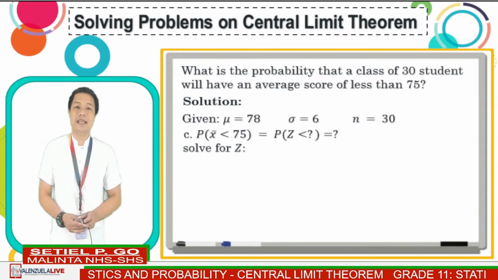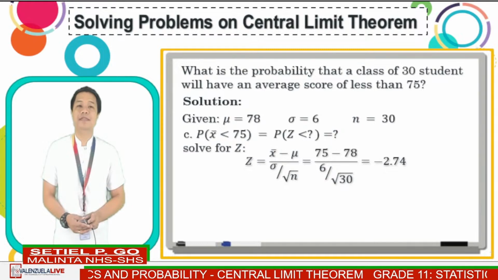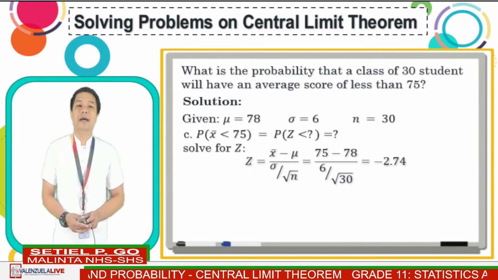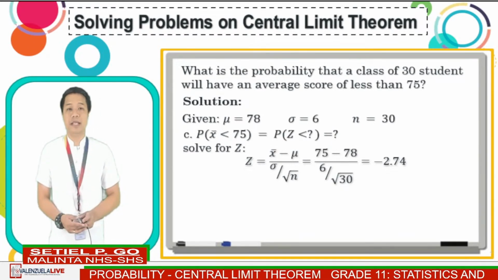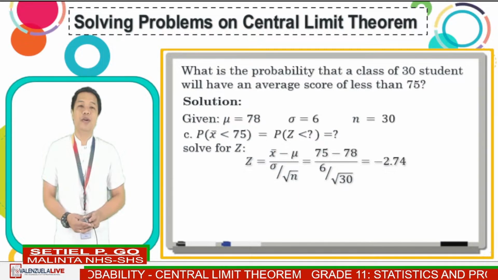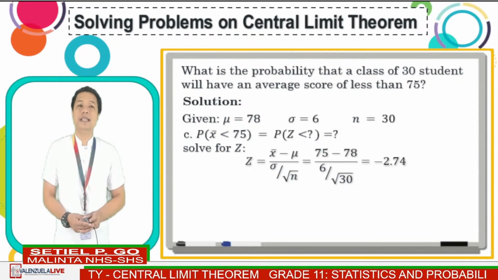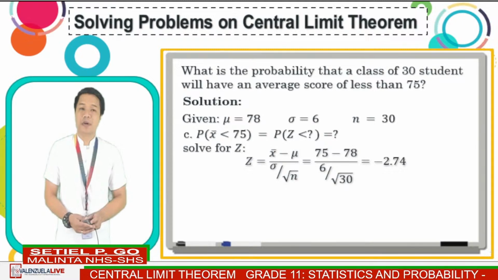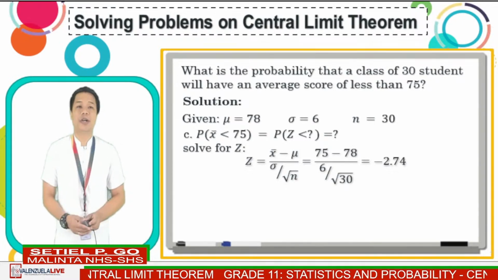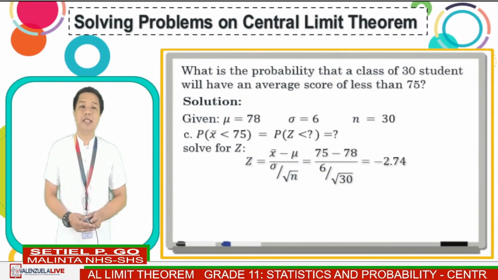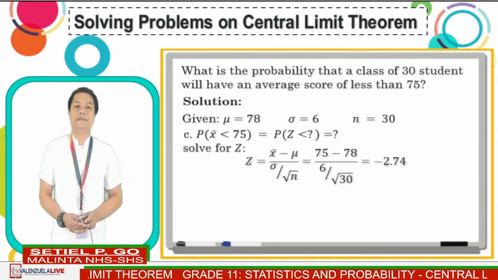So using the Z formula, we'll have the mean, which is 75, minus the given population mean, which is 78, all over 6 divided by the square root of 30, which is the given number of students. If you're going to simplify using your calculator, the result is negative 2.74.